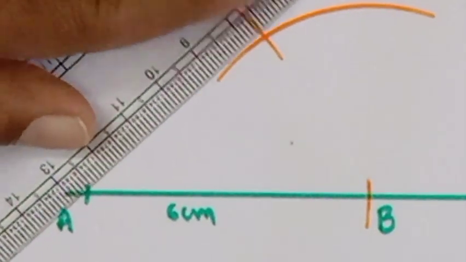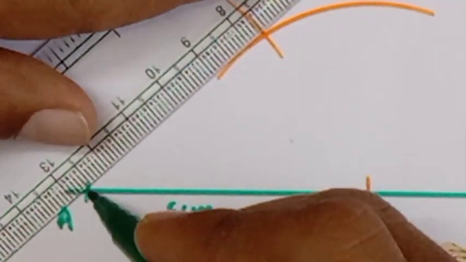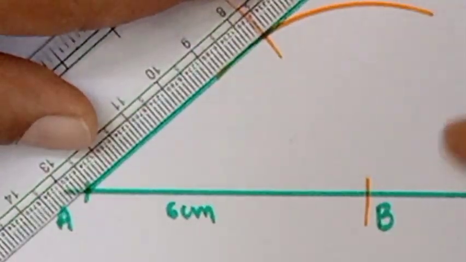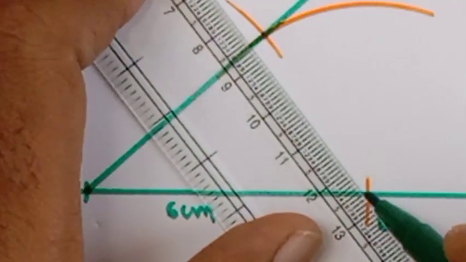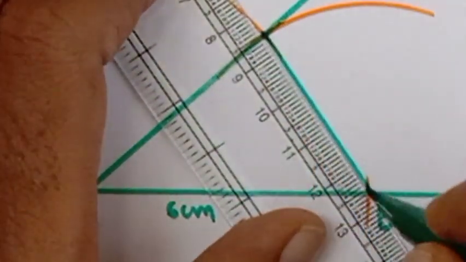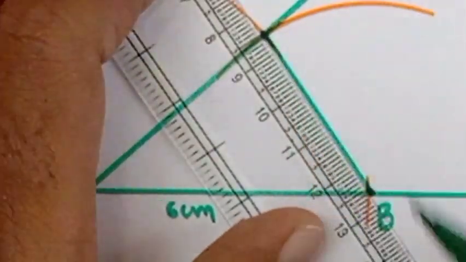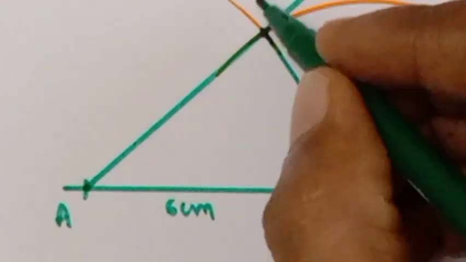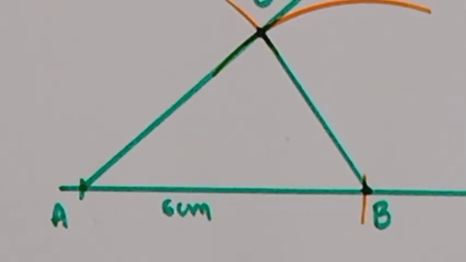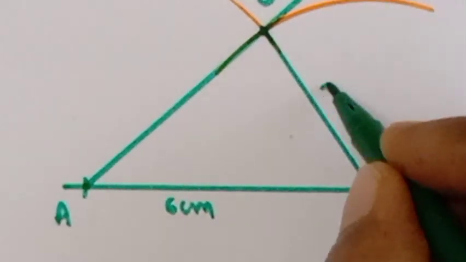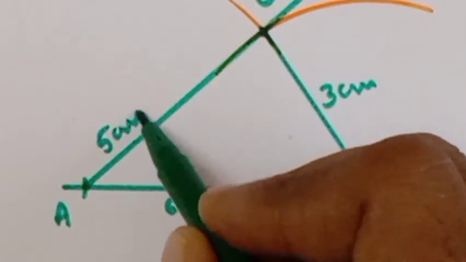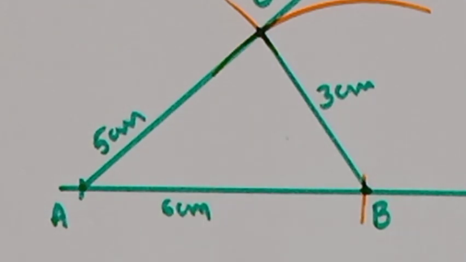While drawing this, draw it correctly. Let this point be C. This is 4 centimeter and this one is 5 centimeter.